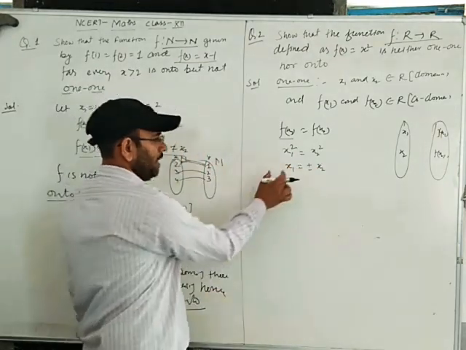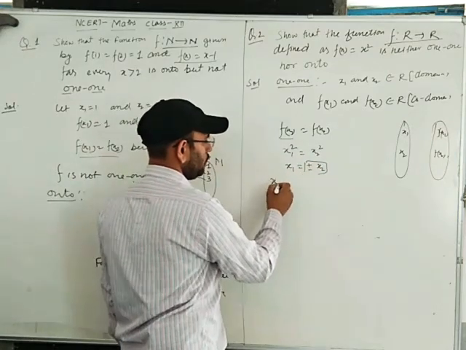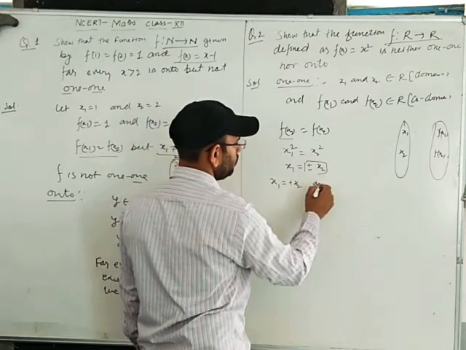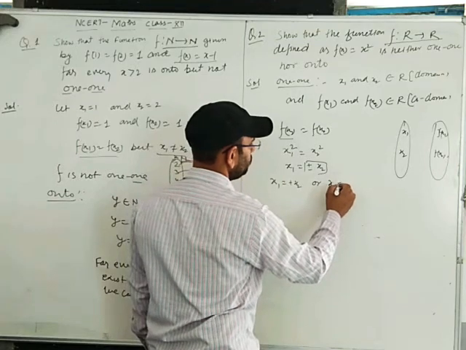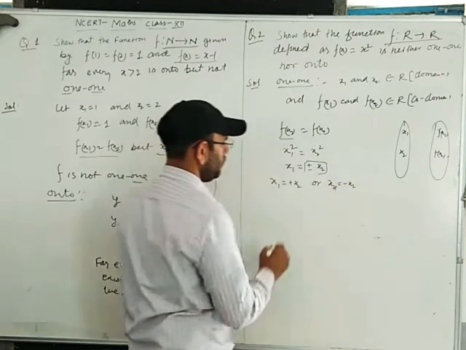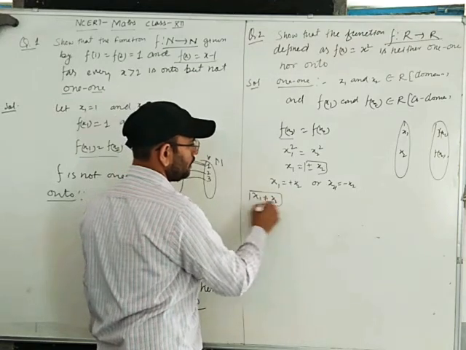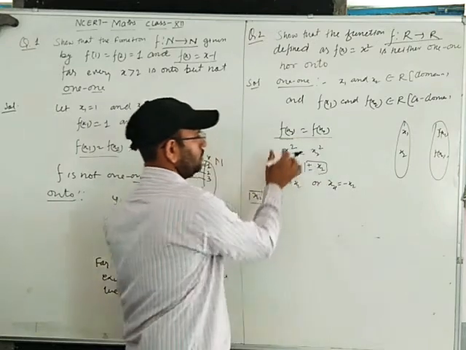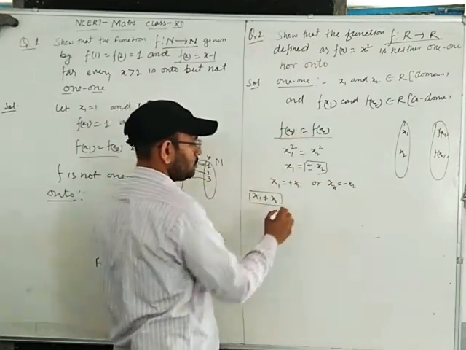So x1 is equal to plus x2 and/or x1 is equal to minus x2. It means x1 is not equal to x2 clearly. So we supposed f(x1) is equal to f(x2), and finally what we proved, x1 is not equal to x2.